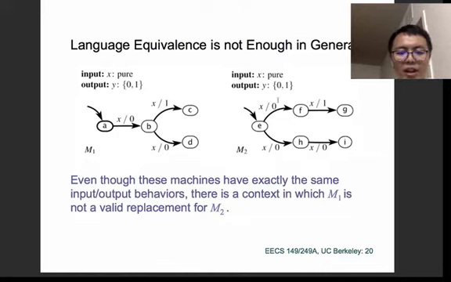We can see that the M2 machine flips coins earlier, right? Earlier than this M1. So M2 makes a commitment earlier in time about some non-deterministic choice.